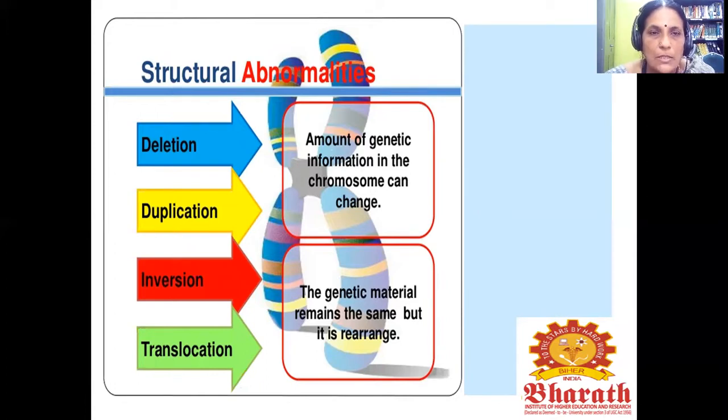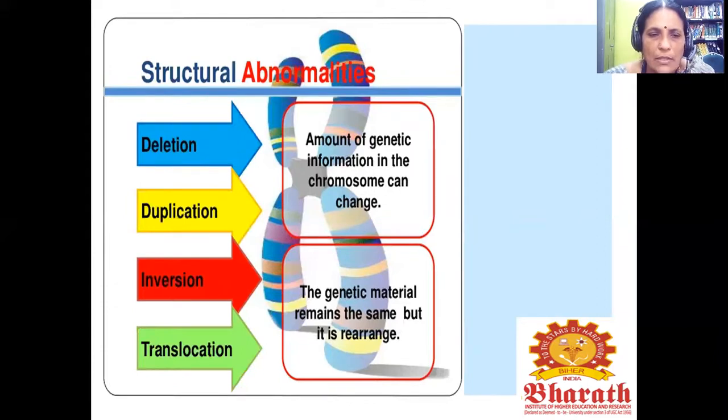Next we see the structural abnormalities. The structural abnormalities are mainly due to deletion, duplication, inversion, and translocation. With deletion and duplication, the amount of genetic information in the chromosome can change.